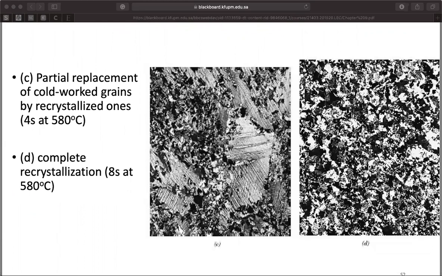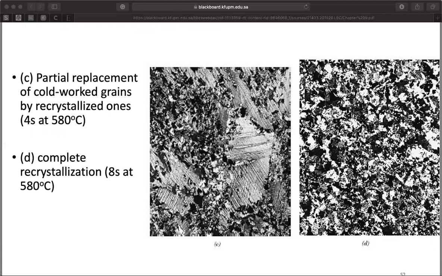So now you get rid of all the highly strained material, and you form a material with equiaxed grains with strain-free energy compared to the cold worked one. Now the material is very happy because, by using the heat that you provided, it reduces the strain energy.